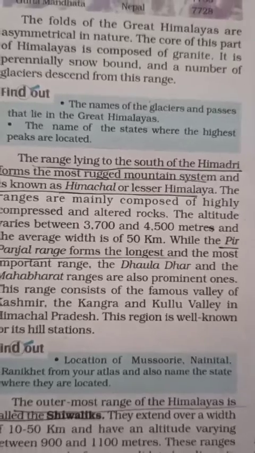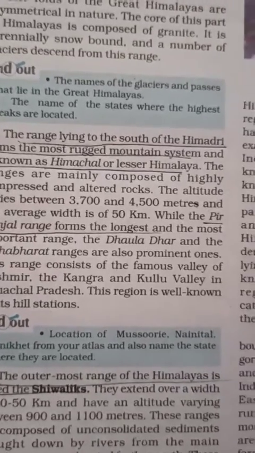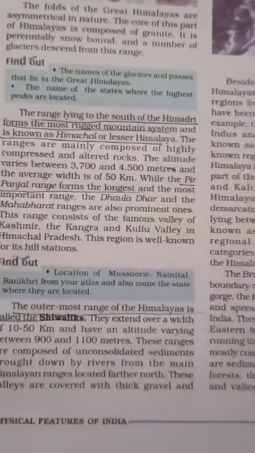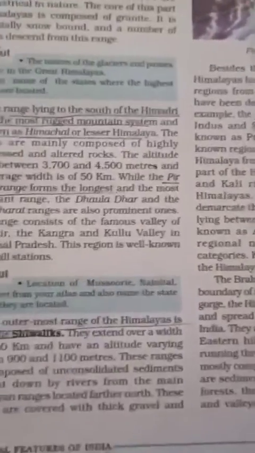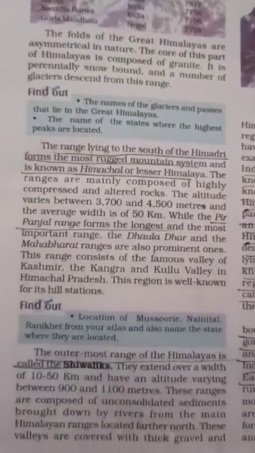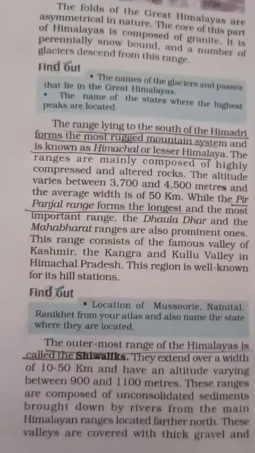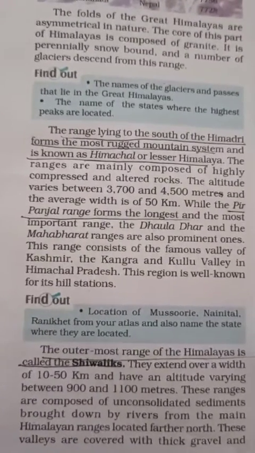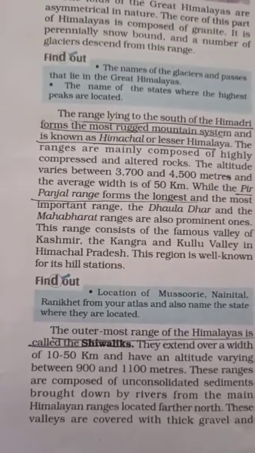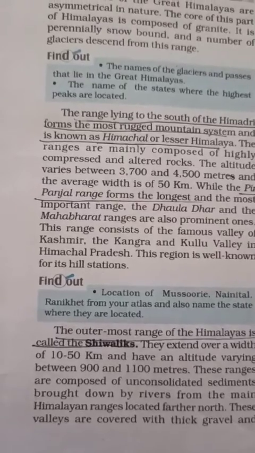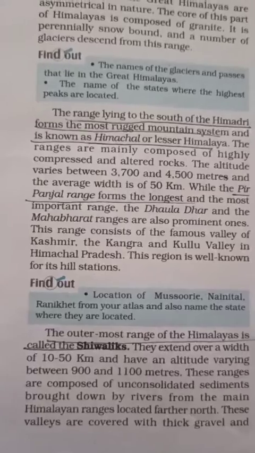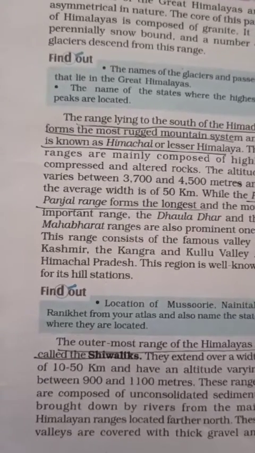Which region? The Kangra, Kullu and Himachal regions, and obviously this Himachal region is also well known for its hill stations. Next, the outermost range of the Himalaya is called the Shivaliks. They extend over a width of 10 to 50 kilometers and have an altitude varying between 900 and 1,100 meters.